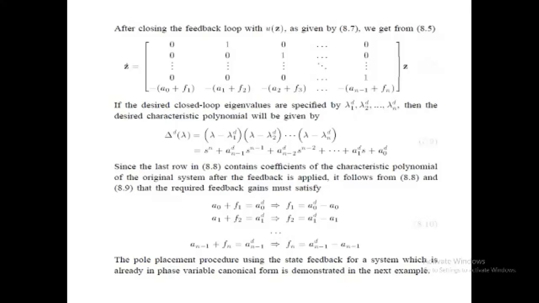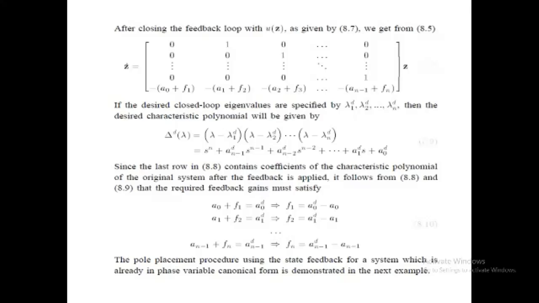If the desired closed-loop eigenvalues are specified by lambda 1 to the power d, lambda 2 to the power d, up to lambda n to the power d, then the desired characteristic polynomial will be given by delta d of lambda equals lambda minus lambda 1 d, lambda minus lambda 2 d, up to lambda minus lambda n d, that is equal to s to the power n plus a n minus 1 to the power d into s to the power n minus 1.